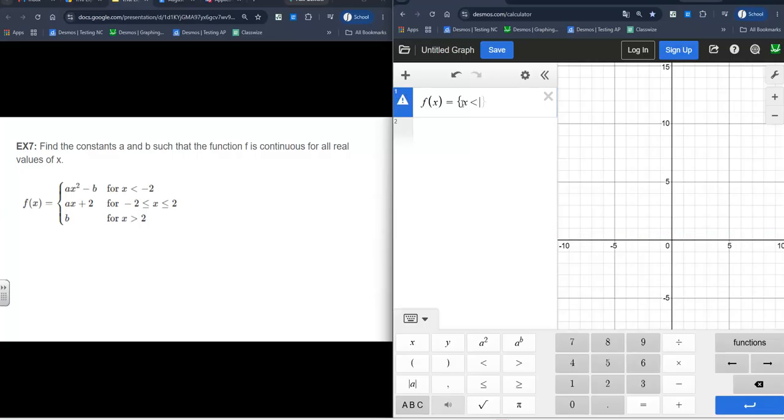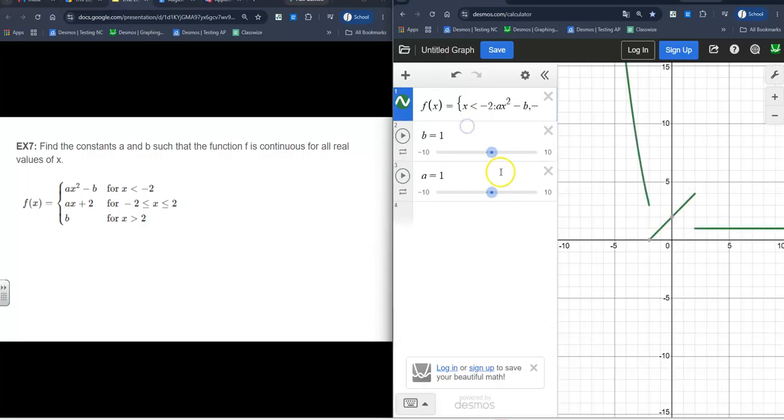I could do x is less than -2, colon, ax squared minus b, comma, -2 less than or equal to x less than or equal to 2, colon, ax plus 2, comma, b, oh no, x greater than 2, comma, b. And I could put in some sliders here, and it would graph this for me.